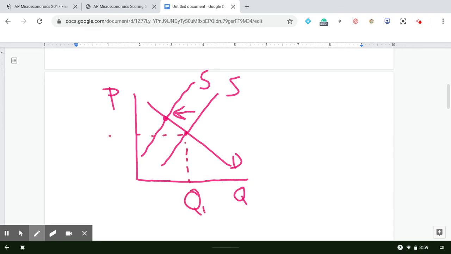And if they use less of their land to plant soybeans, the supply of soybeans decreases. And as you guys can see, the quantity of soybeans decreases, but the price of soybeans increases. Okay.